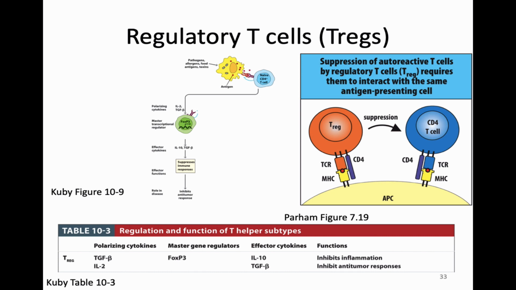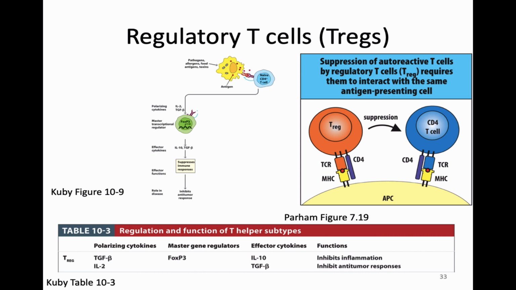In the previous case, you saw Th17s that were receiving TGF-beta plus IL-6. If you remember, IL-6 was one of our inflammatory cytokines we saw during an inflammatory response. So there, to make a Th17 cell, the cell had to get TGF-beta plus sort of inflammation. Here, our regulatory T cell is getting TGF-beta alone without the additional inflammation stimulus.